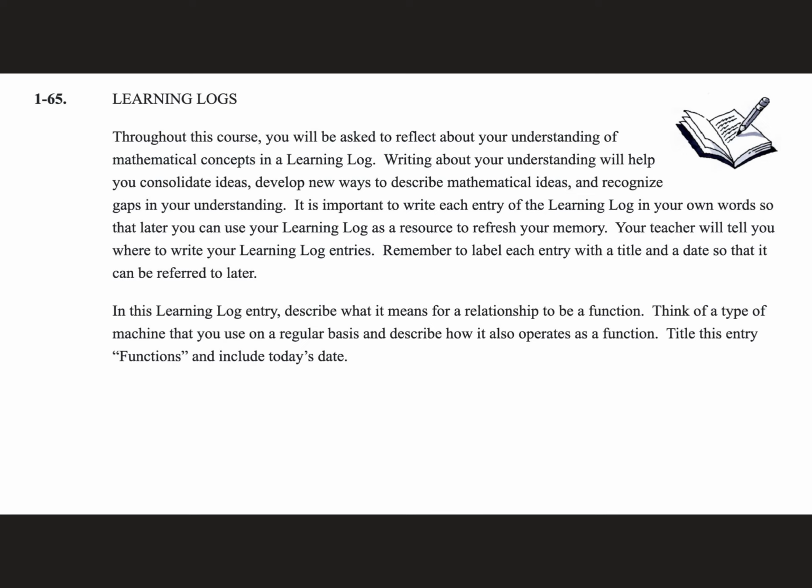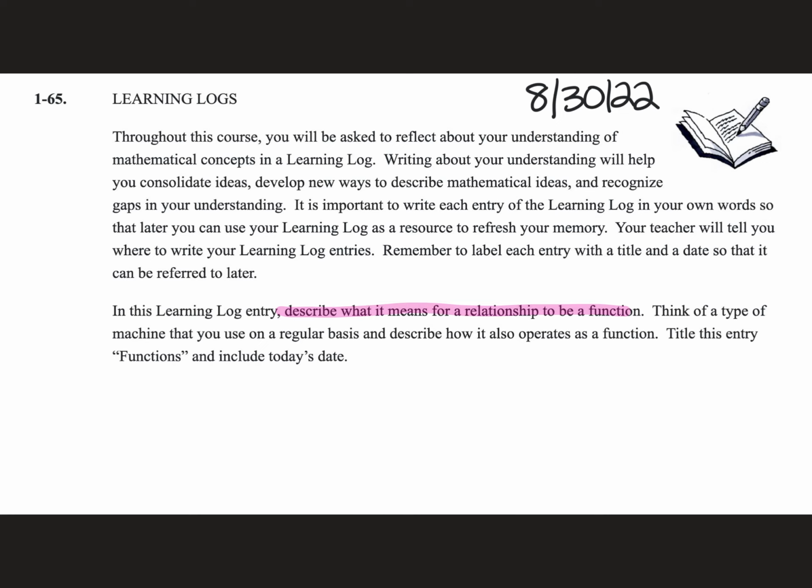So it should say today's date, which is 8:30. So just put 8:30:22 at the top of your page. And let's just talk about what it means for a relationship to be a function. So what you are going to do is describe what it means for a relationship to be a function. You can describe this in terms of machines, in terms of inputs and outputs, in terms of graphs, in terms of tables. I don't really care. This is for you.